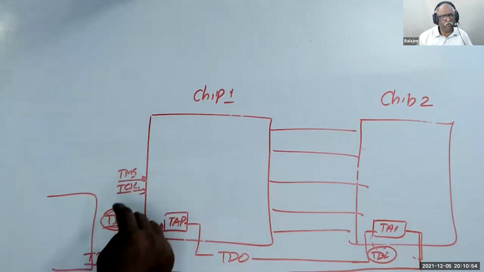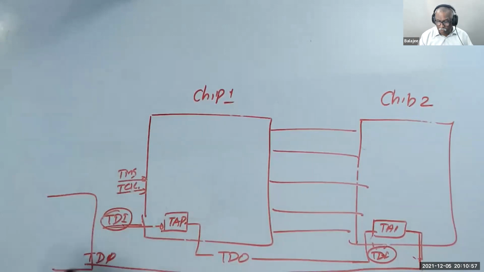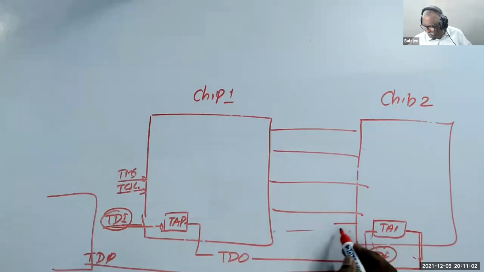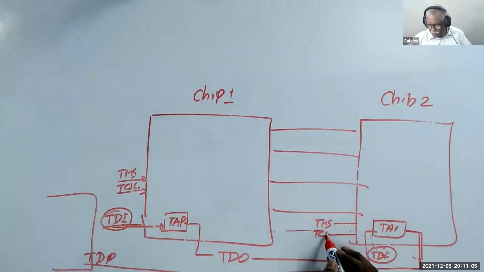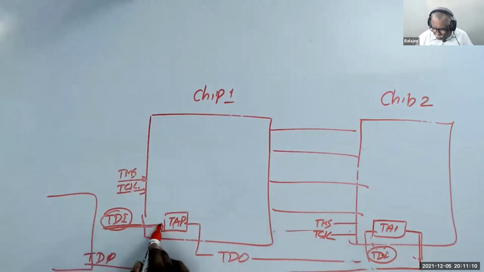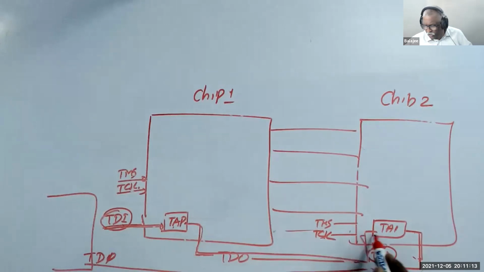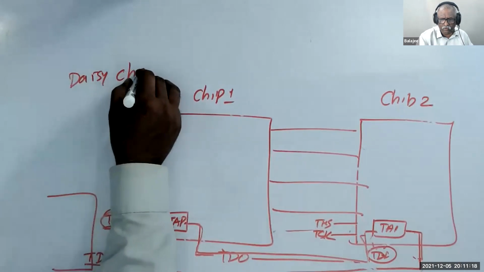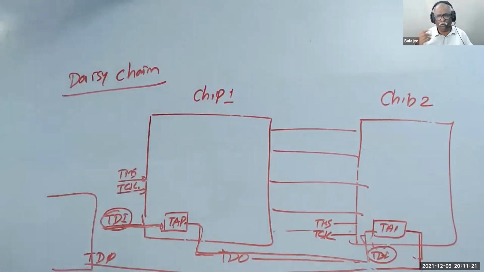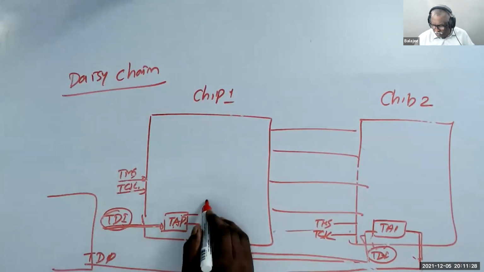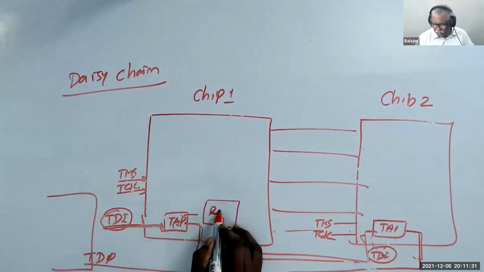So there are four signals: TMS, TCK, TDI and TDO. The TMS and TCK are common to both chips, they are parallel. One input goes to one chip, and the output goes out to the next. This is called DAISY chain mode. Please understand why they have it. This controller has so many registers.